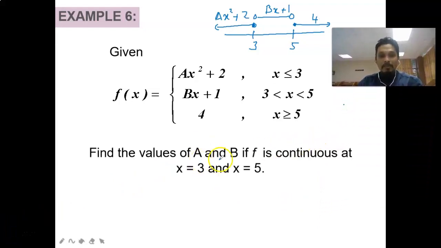Find the values of a and b if f is continuous at x equal to 3 and x equal to 5. We rewrite the question again.